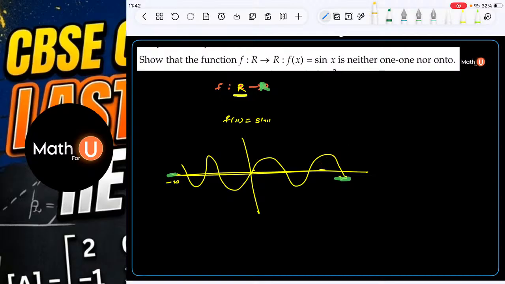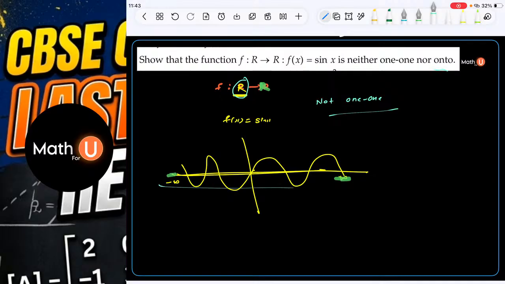If the function is both increasing and decreasing, such a type of function is not one to one on the given domain R. We have to check whether it is only increasing or only decreasing. If the function is only increasing or only decreasing, then only it is one to one, otherwise it is not a one to one function.